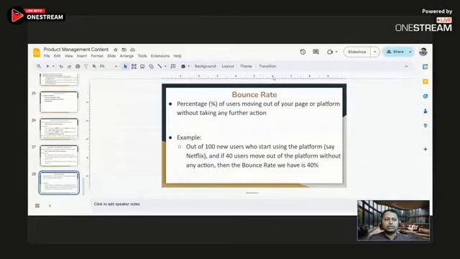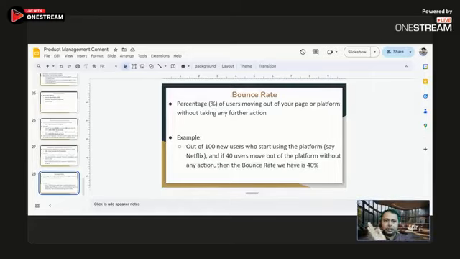As you see on the screen, out of 100 new users who come into your platform, say for example Netflix application or an OTT platform, 100 users are coming into our platform and viewing the platform. Soon after that, around 40 users just close it and move out of it.